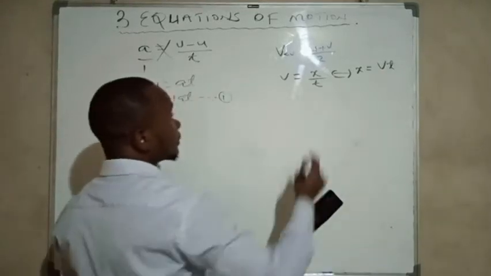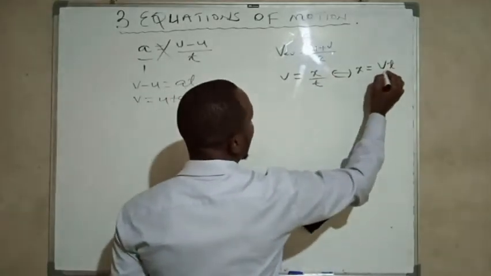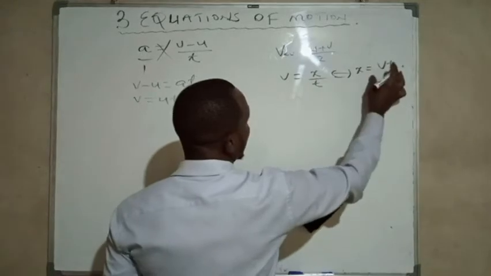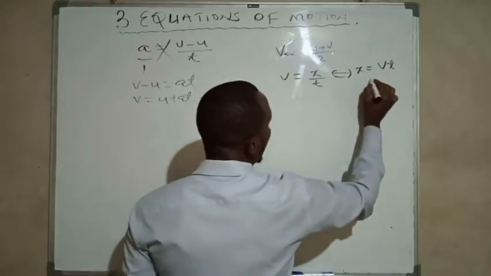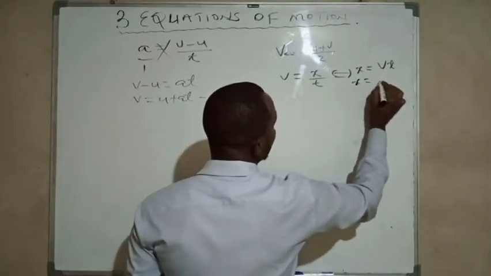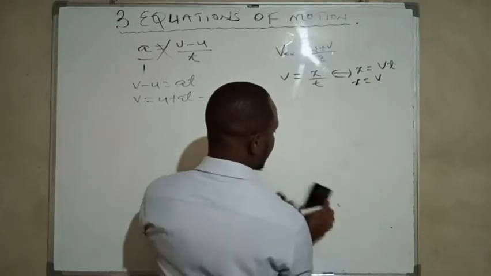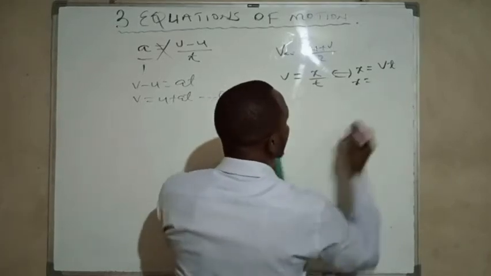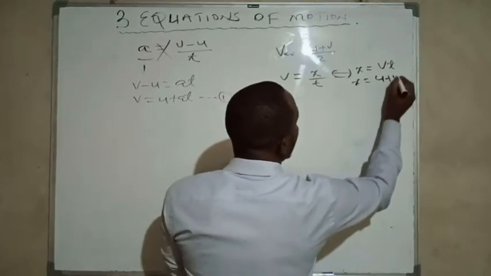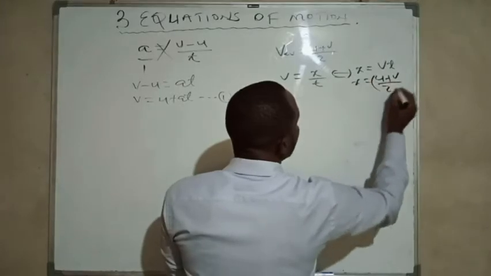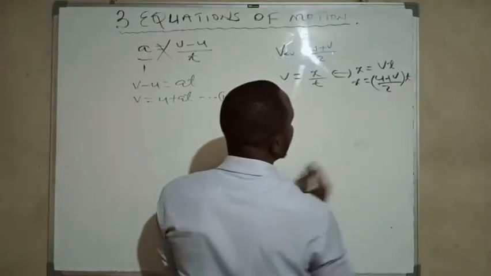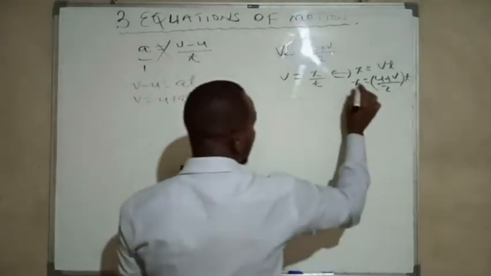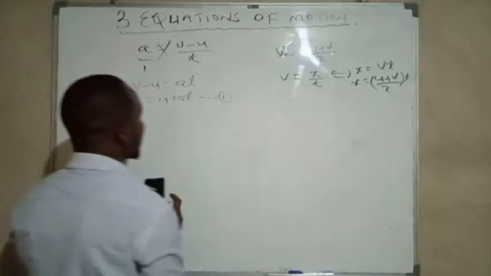And if, where there is v, we put the one for average velocity, we're going to have x is equal to u plus v over 2 times t. So this is the displacement, which is given by this.